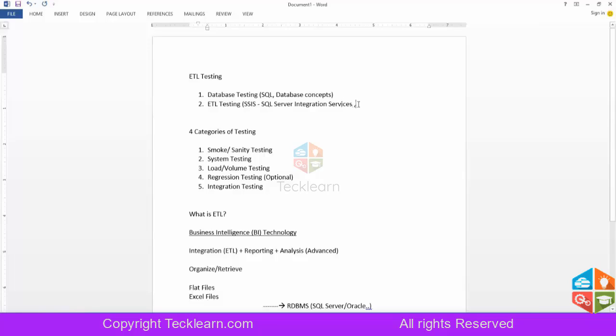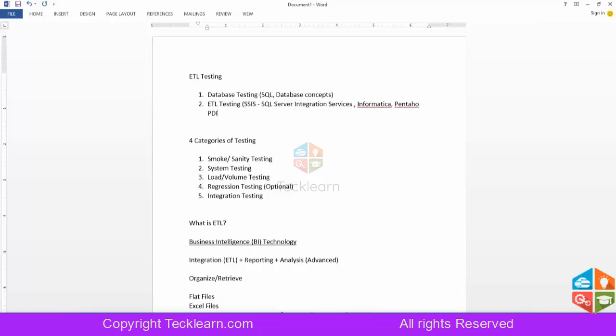Or we have Informatica, or Pentaho, PDI, Pentaho Data Integration, or Ab Initio, or OBI, Oracle Business Intelligence. This is Microsoft Business Intelligence, MSBI SSIS.